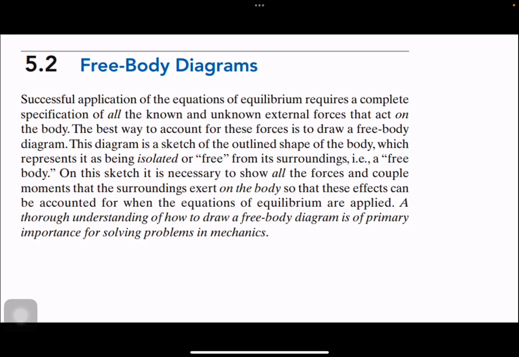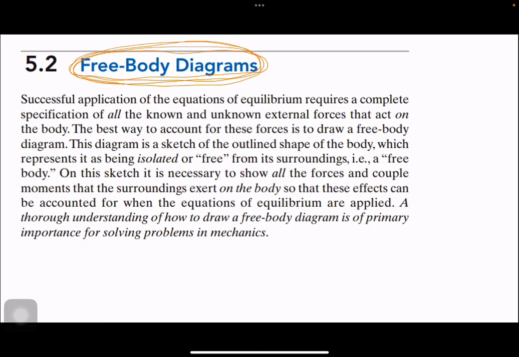Okay, next. The first step in using the equations of equilibrium is to first draw the free body diagram of the body. Okay? So we need to know how to draw the FBD.